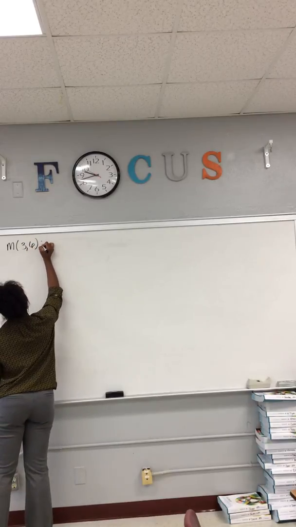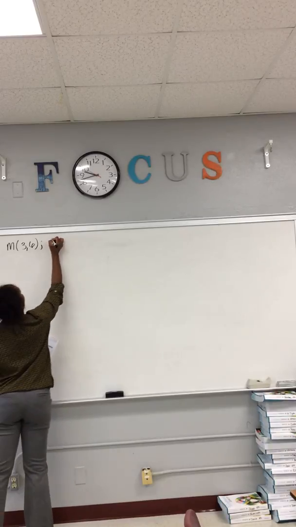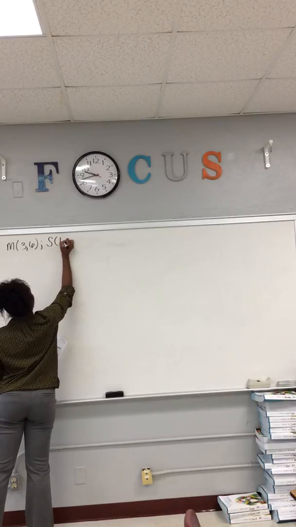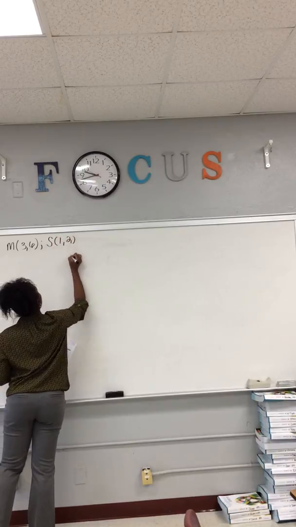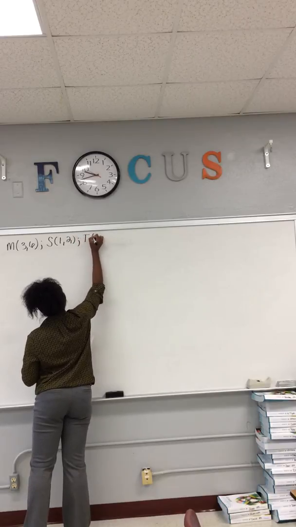Again, in the prompt, it told us that the midpoint was at (3, 6). It said that S is at (1, 2). And it said that T is the one that we are trying to find.